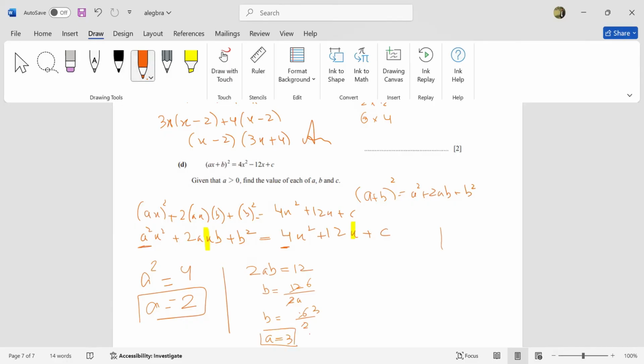Okay. Next thing, let's come to c. Now here b squared is equal to c. We have the value of b, so we insert it in. So it means c is equal to 9.